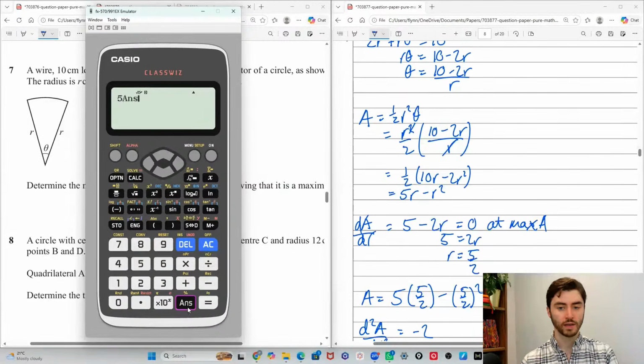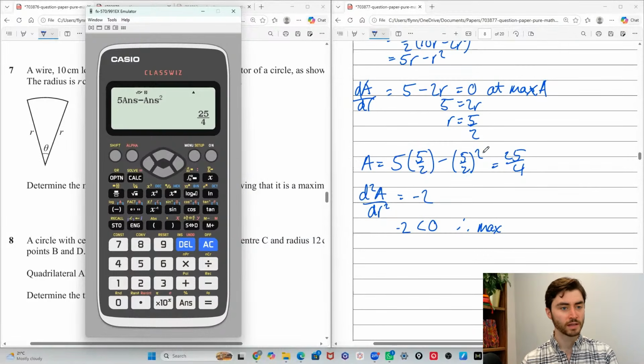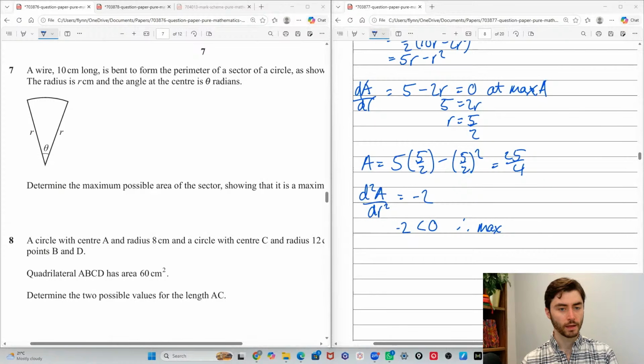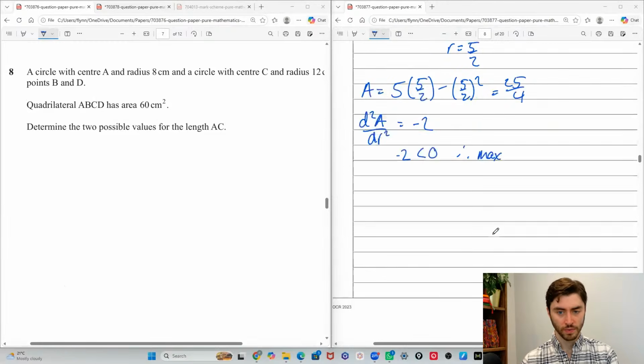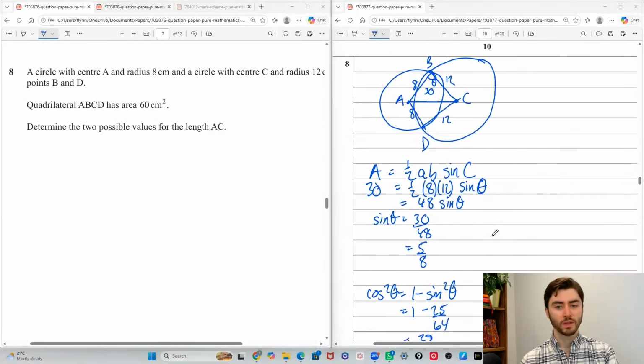So 5 answer minus answer squared does give me 25 over 4 as the maximum area. And you show that it's a maximum. I differentiate, I get minus 2. That is less than 0. That's good. Okay.